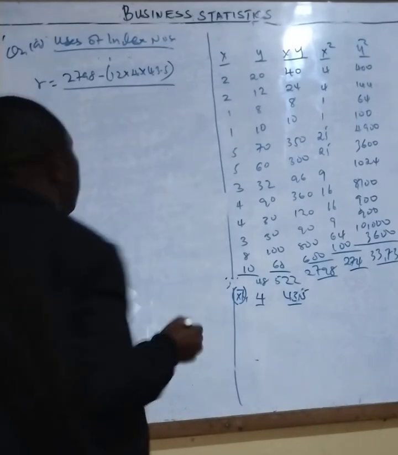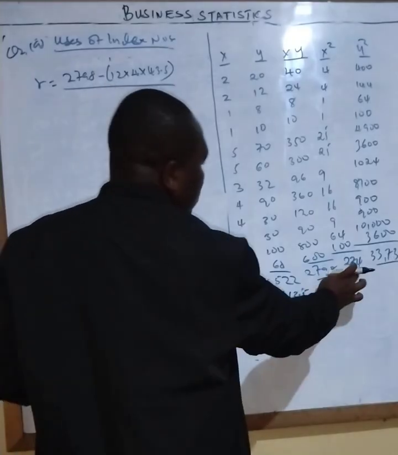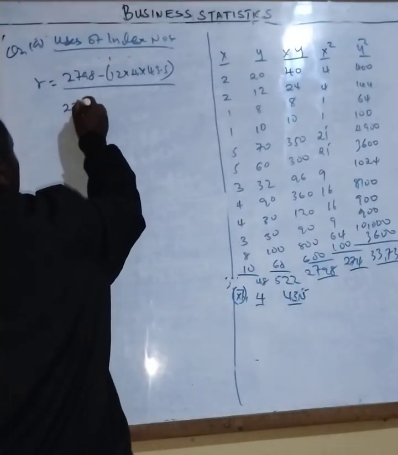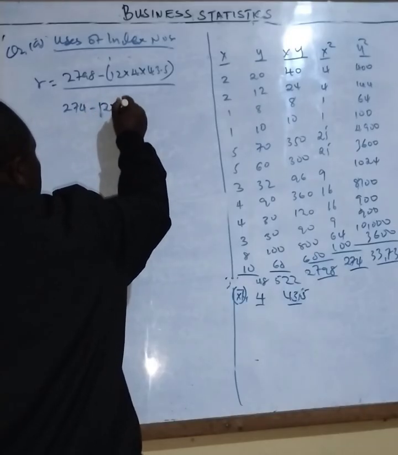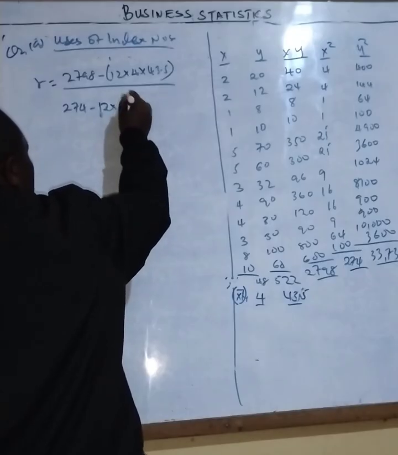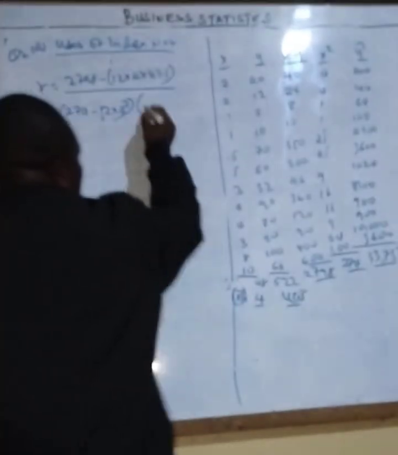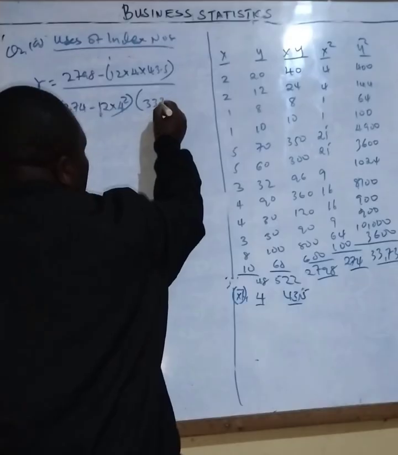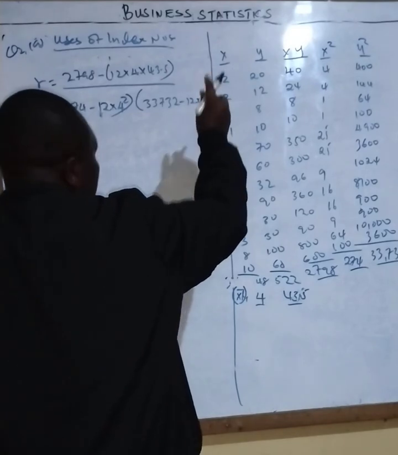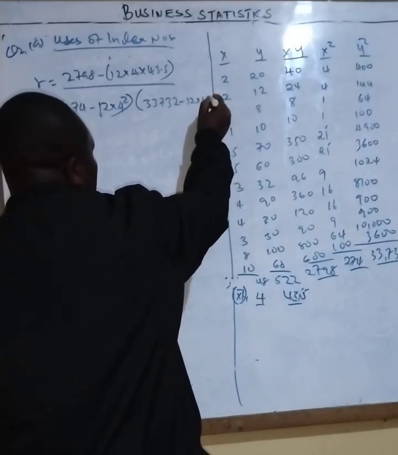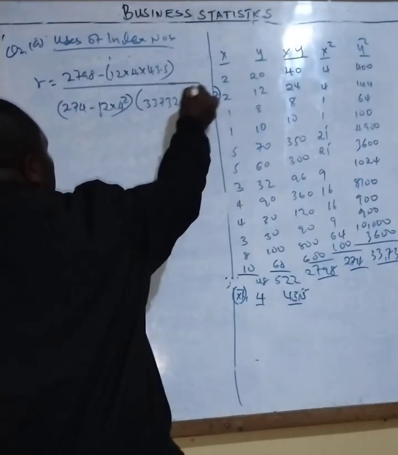Then you divide by the square root of summation of X square, which is 274 minus N times, N is already 12, times mean of X, 4.4 square. Then summation of Y square, which is this one you are seeing there, 3,732 minus 12 times the mean of Y, 43.5 square. Then you get the square root of this.